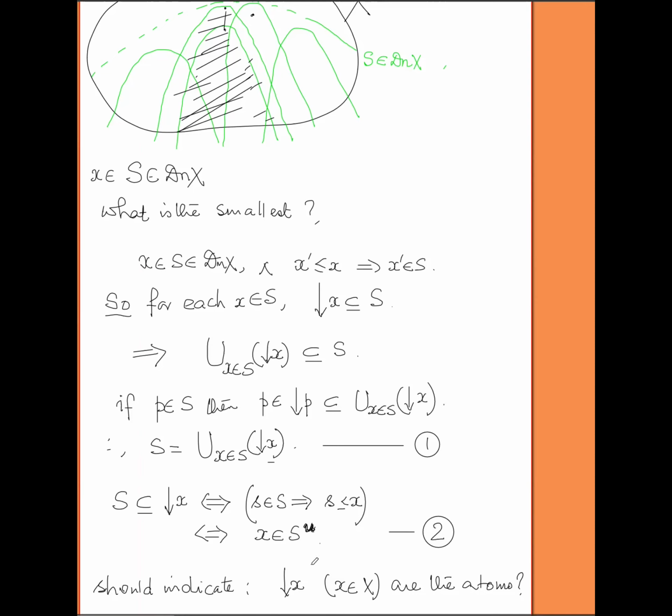So these are the principal downsets. And this therefore tells us immediately that, so therefore I have immediately something.